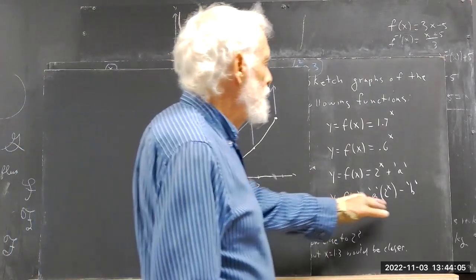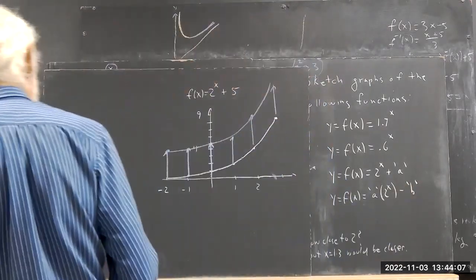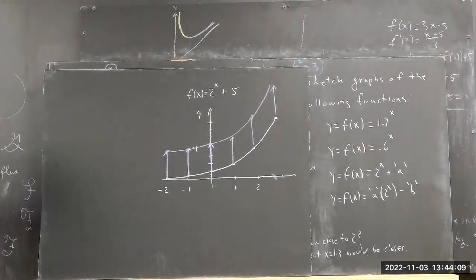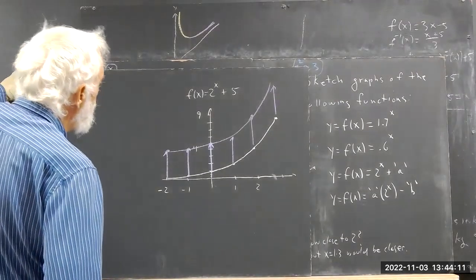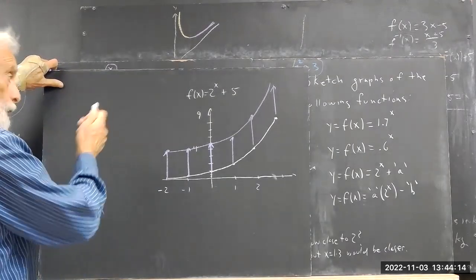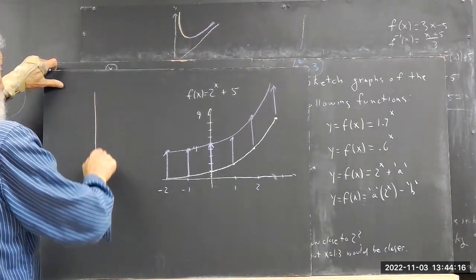Now, if we have a times 2 to the x minus b, what are we going to do about that?